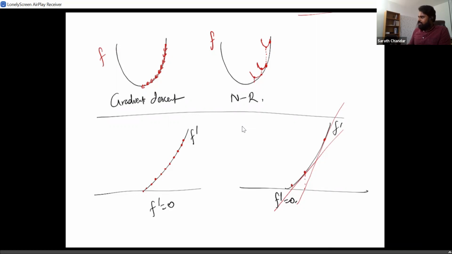There's a question: can Newton-Raphson diverge? Well, I need to verify, but I guess it cannot because there is no learning rate, right? Most probably it's not going to diverge, but please verify and let me know if you can quickly check now. Do you still have the risk of jumping past the minimum?